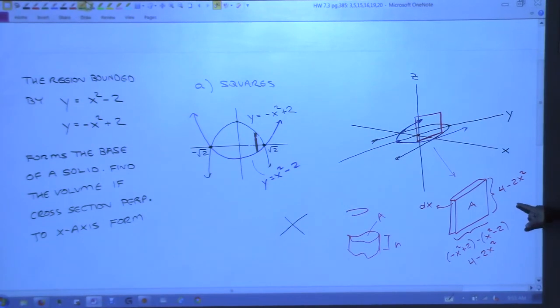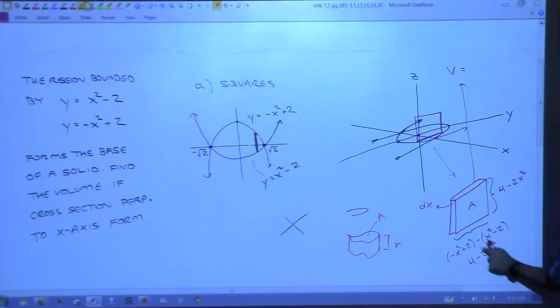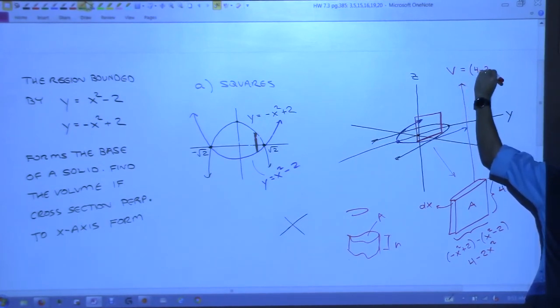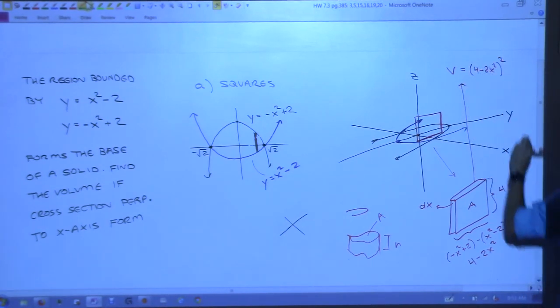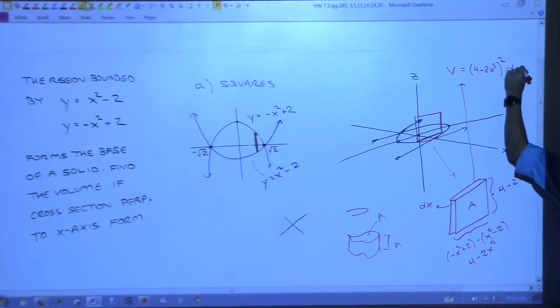And so the volume of this one little slab is equal to this times this times this, right? So I can write 4 minus 2x squared, that's this times this, and then times dx. That will give me the volume of that one little piece.